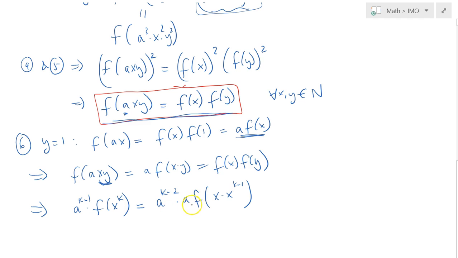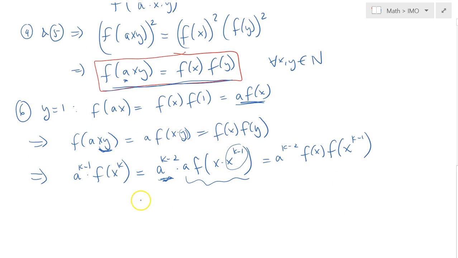And now notice that this expression here, if you consider this as the y, like in this one, would simply be equal to a, we have this term remain, and then a times f of this thing is just equal to, you just split it, f of x times f of x to the power k minus 1. And you can continue this procedure. Let me do it one more time. So a to the power k minus 3 times a, right?